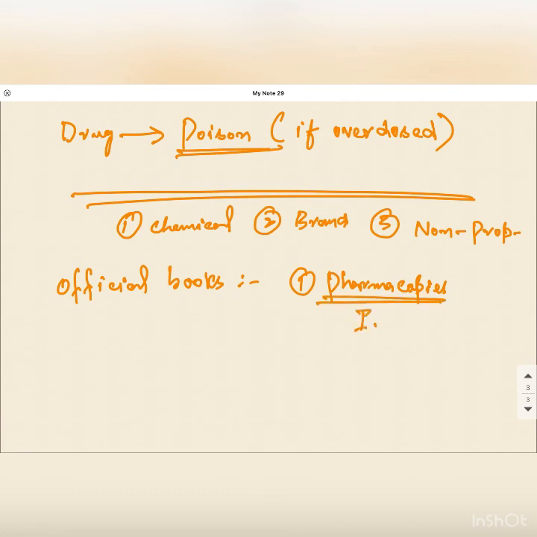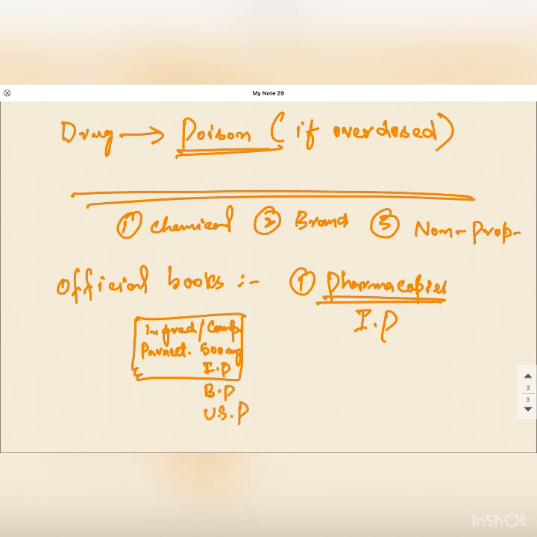We have the Indian Pharmacopoeia, as you must have seen on any manufactured drug. If you have a strip of paracetamol, you will see the ingredients, or we can say the composition, on the backside of the strip. You can see paracetamol 500 mg IP or BP or USP.